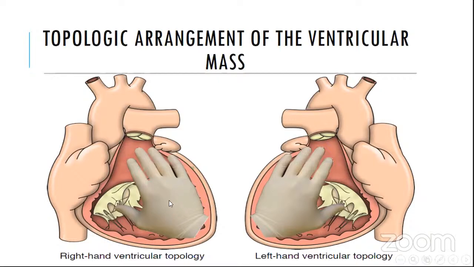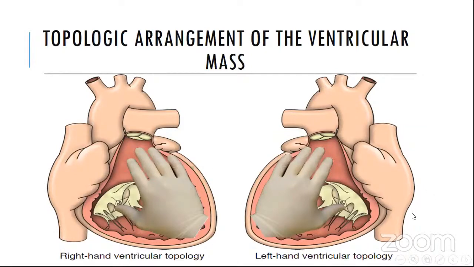Right hand ventricular topology is when the right hand of the observer lies on the ventricular mass with the wrist lying on the apex, the thumb to the inlet and fingers to the outlet. This is called right hand ventricular topology.